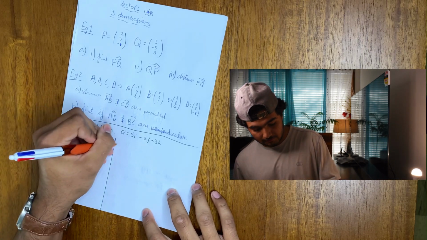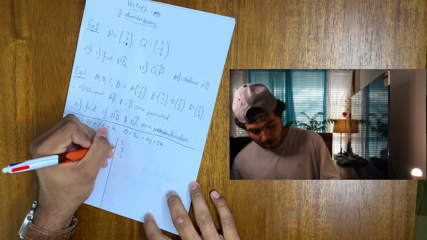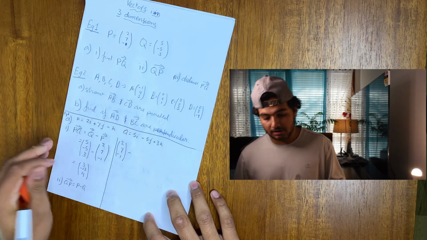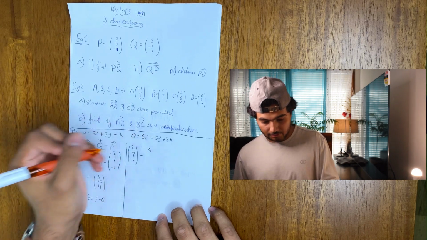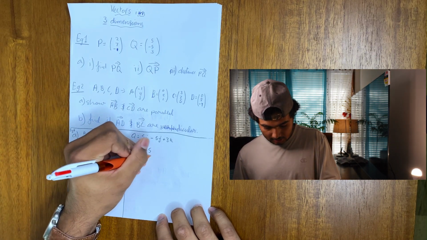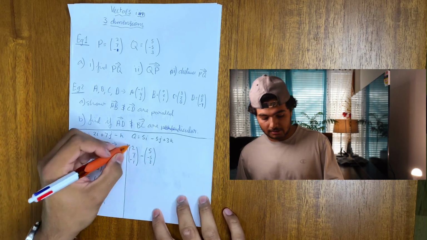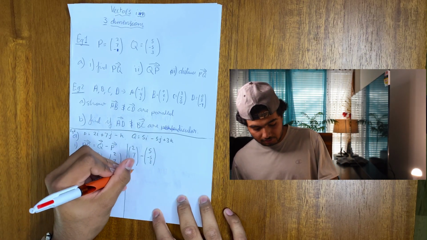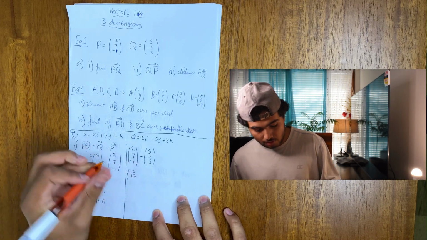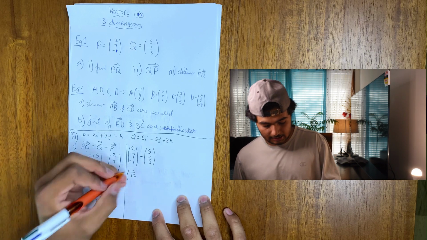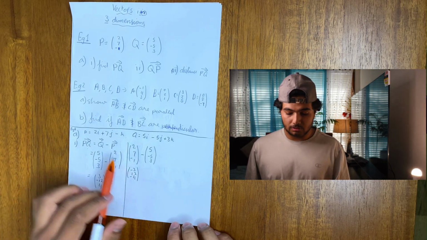P minus Q would be vector P, which is 2, 7, -1, minus, my bad, 5, -5, and 3 in this case. Next step, 2 minus 5 is -3, 7 minus -5 is 12, and 1 minus 3 is -4. That is how you do part two.